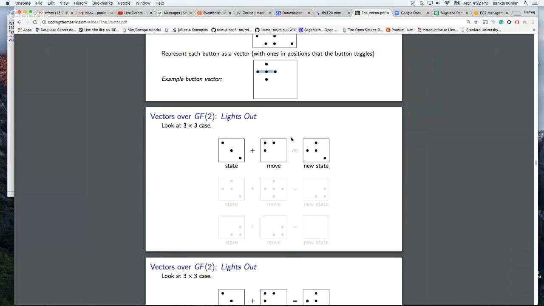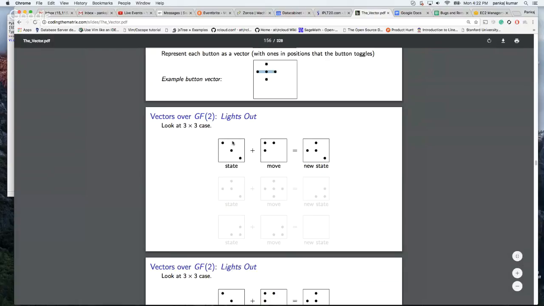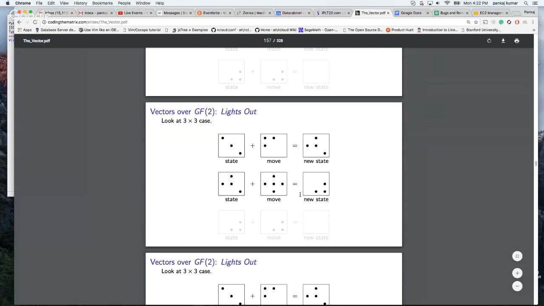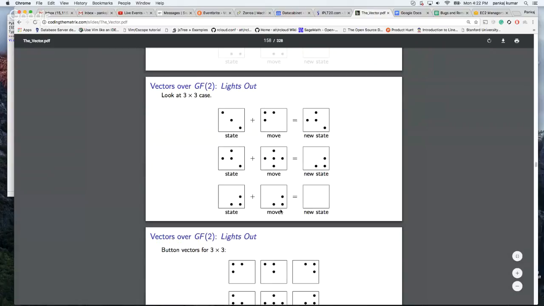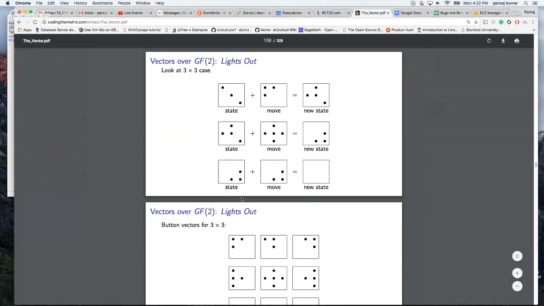So 1 plus 1 is 0, 1 plus 0 is 1, 0 plus 1 is 1, 1 plus 0 is 0, and 1 plus 0 is 1. So this is just a vector addition. Similarly, the other one is also a vector addition, and here as well.